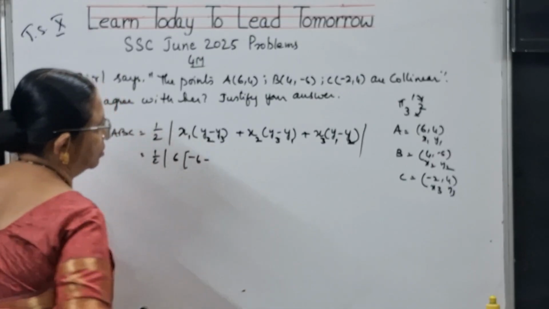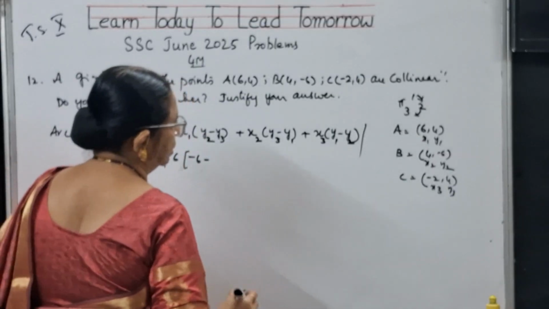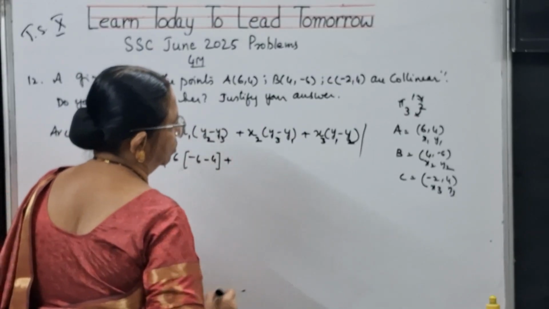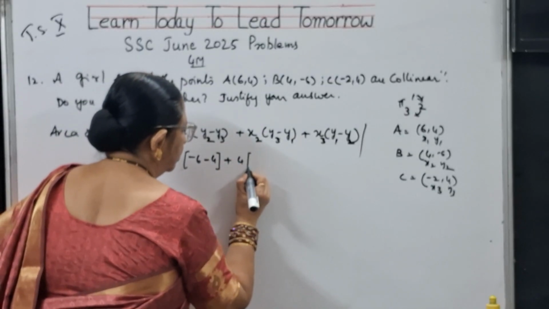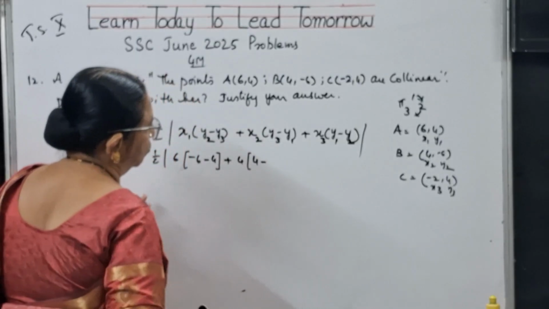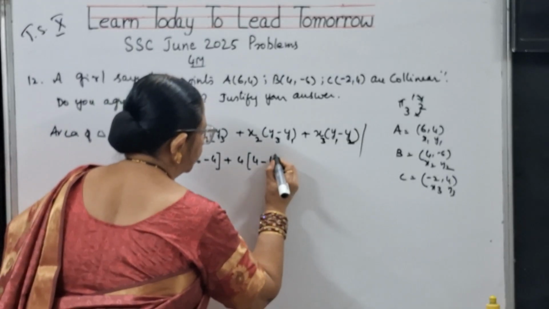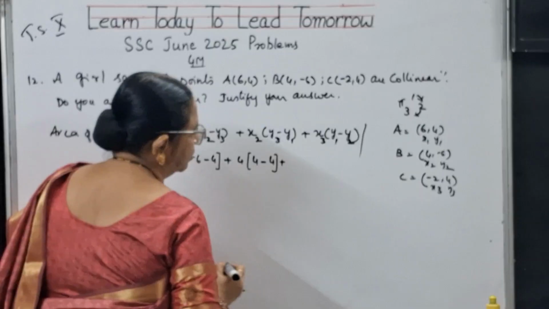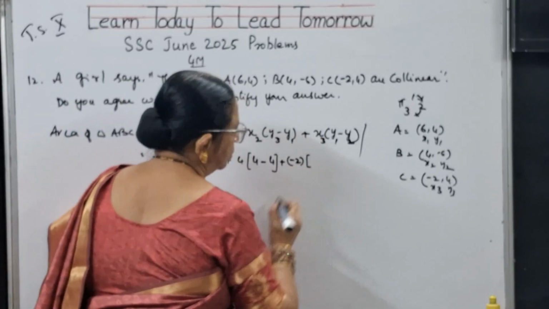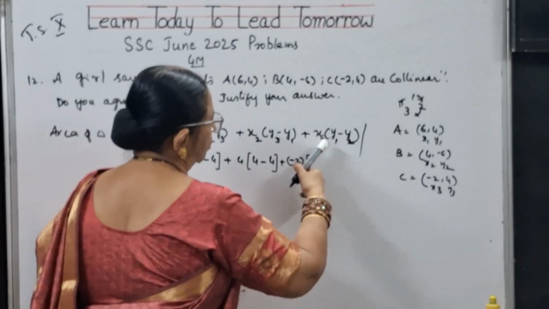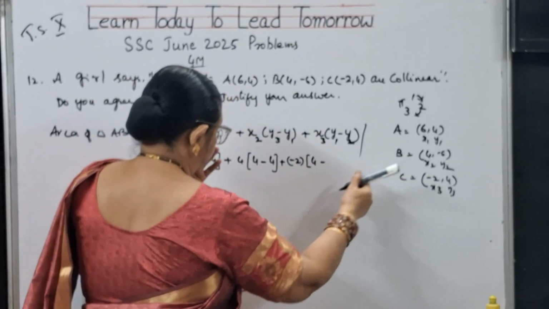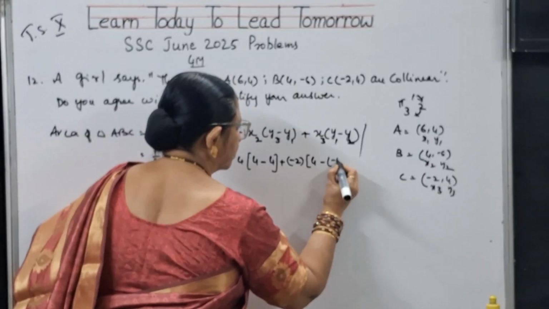Minus 6 minus y3, y3 is 4. Okay. Now plus x2, x2 is 4 into y3 minus y1. Y3 is 4, y1 is also 4. Now next x3, x3 is minus 2 into y1 minus y2. Y1 is 4, y2 is minus 6.